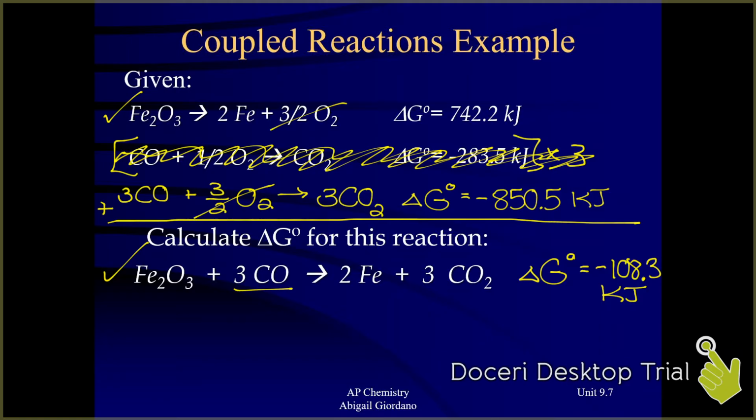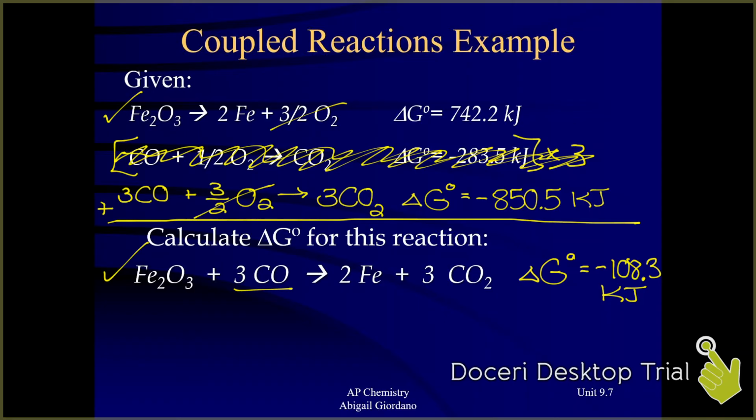Here's the take-home message. I had one equation that was unfavorable, positive delta G, and another equation that was favorable, negative delta G. They had an intermediate in common, so I was able to couple them, put them together, and when I did that, I got an overall negative delta G value, which indicates that the overall process is favorable.